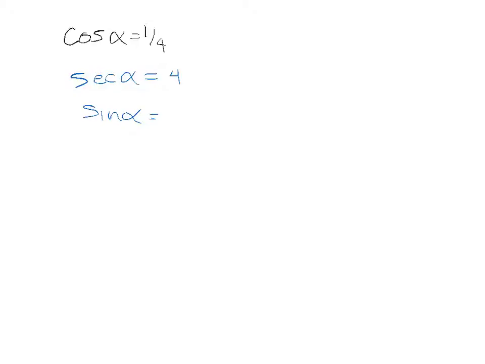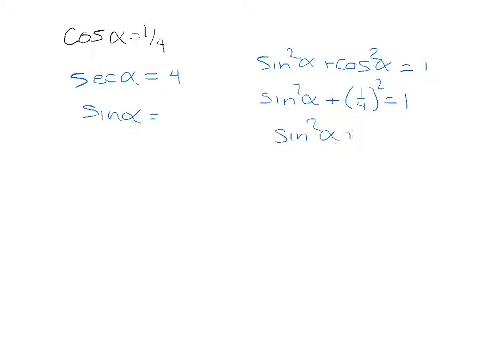What do I use if I know cosine and I want to find sine? The Pythagorean identity. I told you, we're going to use this one a lot, right? Sine squared of alpha plus cosine squared alpha equals 1. So I replace cosine this time with 1/4. Remember that's being squared though. So I've got 1/4 squared. So sine squared of alpha plus 1 over 16 equals 1.